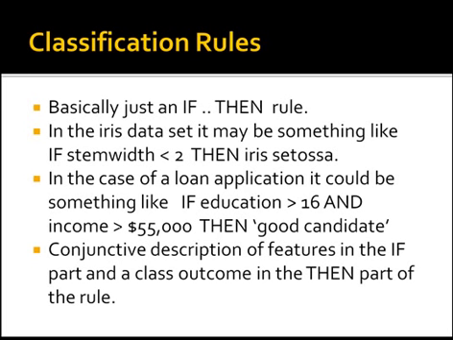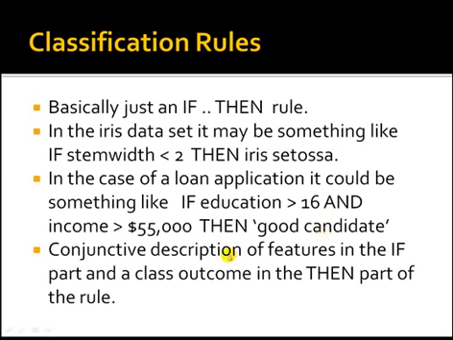Okay? Now we use some fancy words. Conjunctive description of features in the if part and a class outcome in the then part of the rule. So what does that mean? Conjunctive just means that you can do and. Like in the second case I said, if education is greater than 16 and income is greater. So you could do like a bunch of ands if you wanted. And then you have then, good candidate.